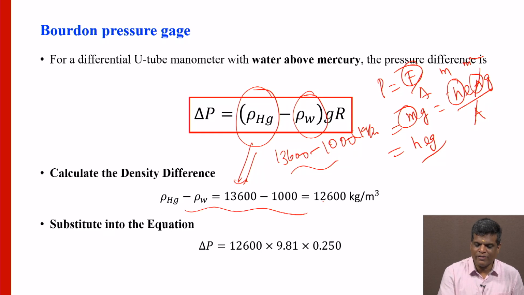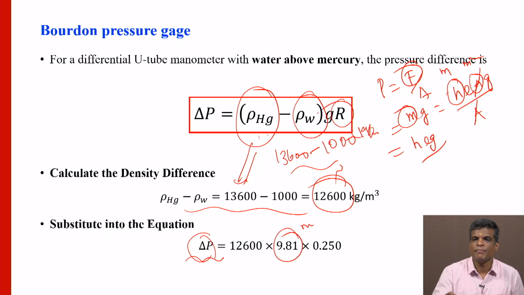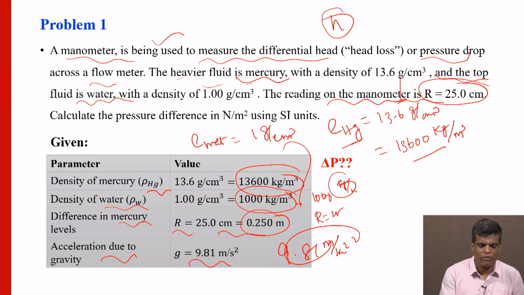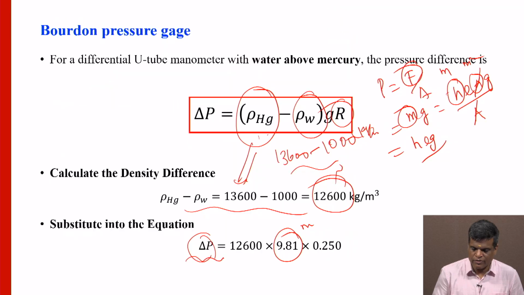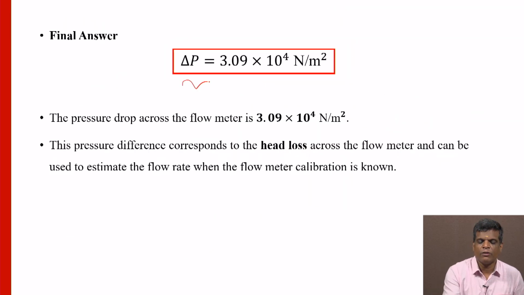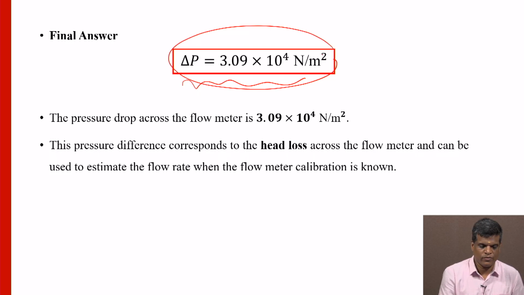So we got the density difference of 12,600. Then to calculate the pressure drop, g is 9.81 meter per second square. Then there is the manometer reading, R, already given in the problem as 25 centimeter, converted to meter. So the final answer is delta P equals 3.09 times 10 power 4 Newton per meter square.